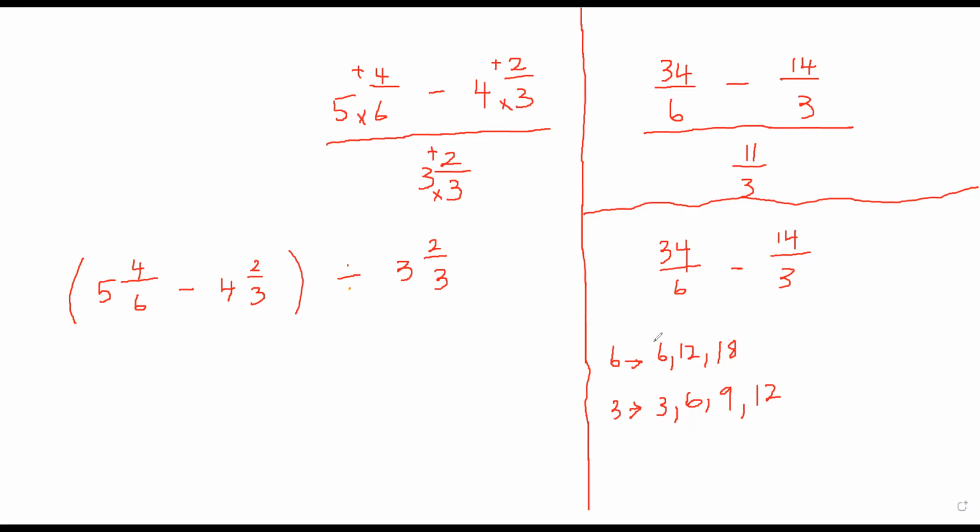Then we check to see what the common numbers are. We have 6 and 6, also 12 and 12. But what is the lowest one? The lowest one is 6. So the lowest common multiple will therefore be 6. It's just an example of how we find it.